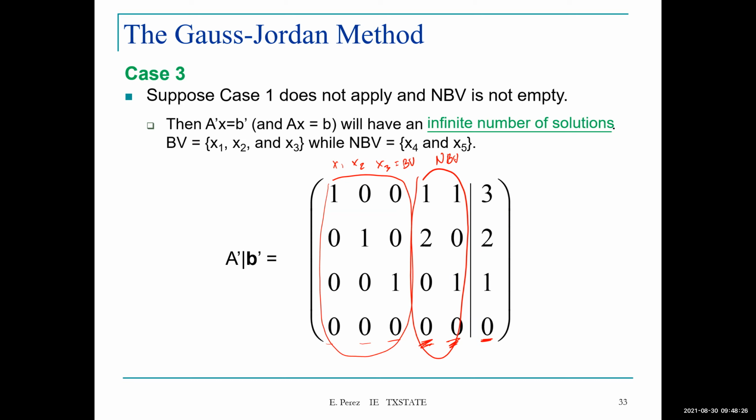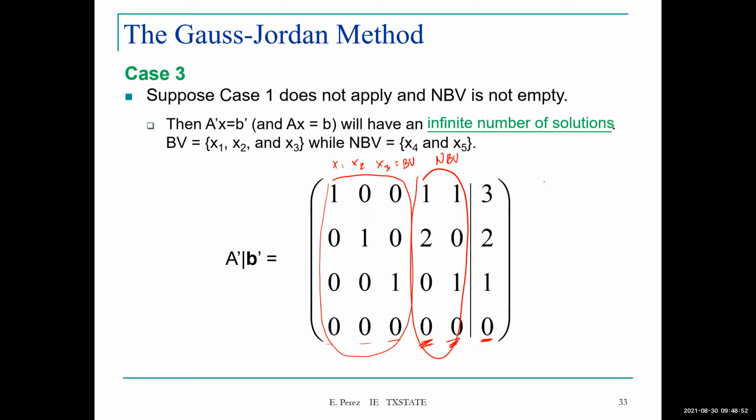Inconsistent? What do you mean by inconsistent? If 0 equals 3, you're talking about the last row? Oh, so if this, or 3 equals 0. Yes, basically that's what we are saying: when that's the case, the system has no solution.